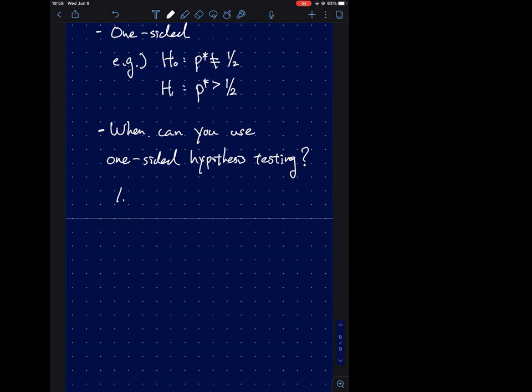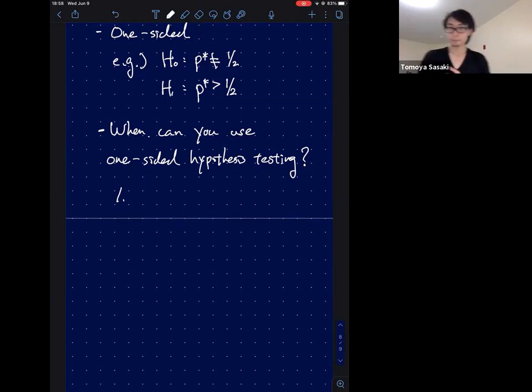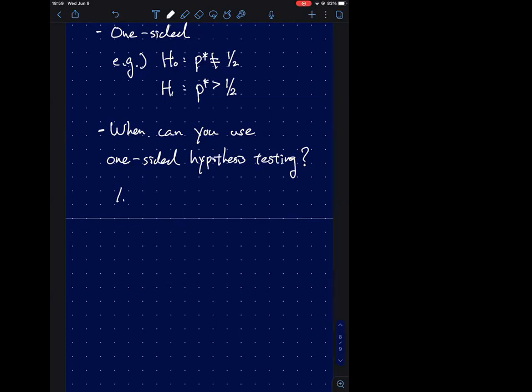When you are trying to test one drug, for example, and you want to know if the success is greater than some number, you don't care, or if it's greater, you just want to prove that you have to discard that it is lower than that number.